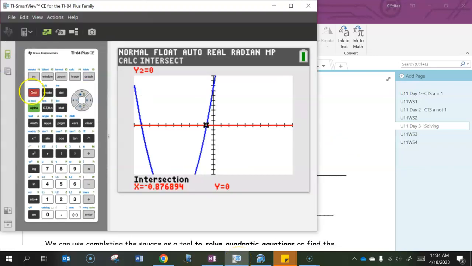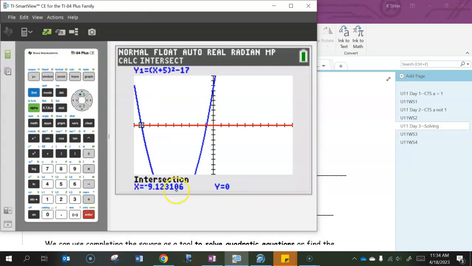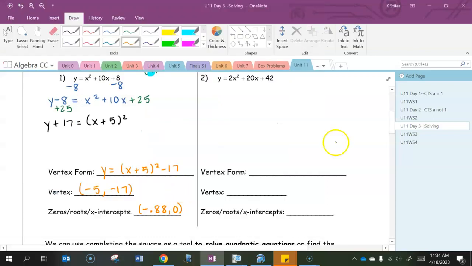And my second one, second trace 5. And, oh gosh, moving over. Okay, good enough. Negative 9.12.